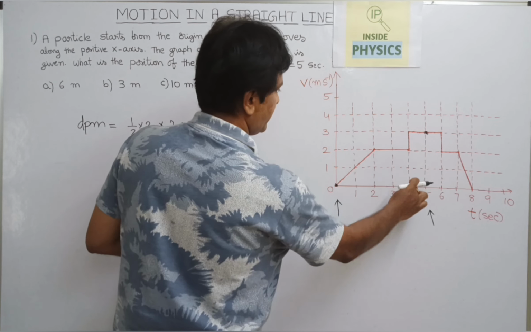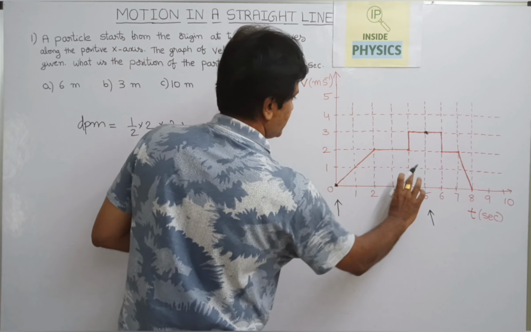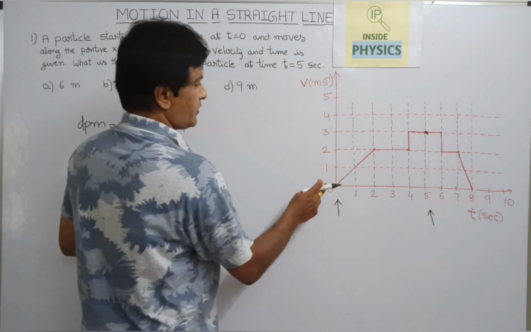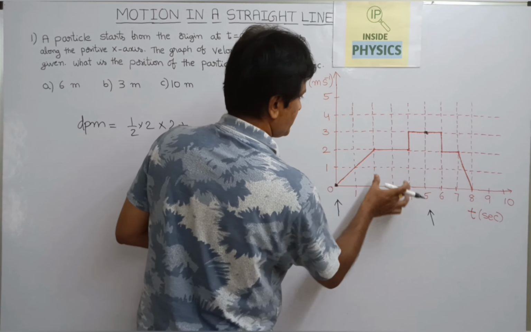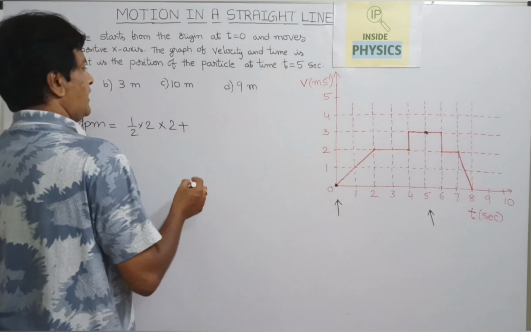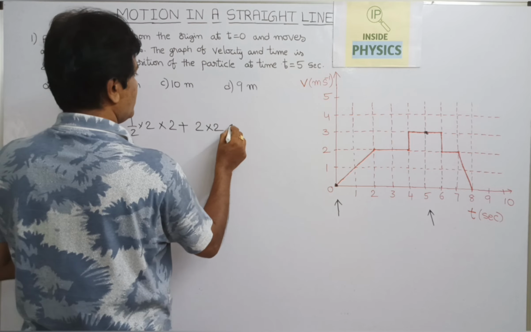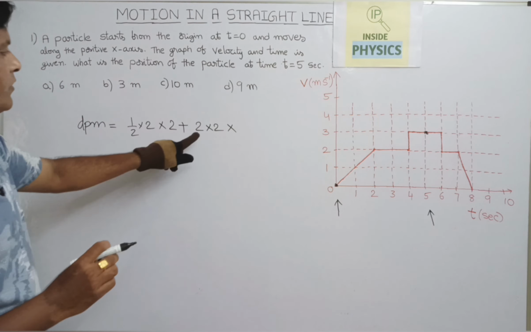How to get this area? From 0 to 2, this is 2, this is 2, and the area of the square is length into breadth. This is 2 into 2.